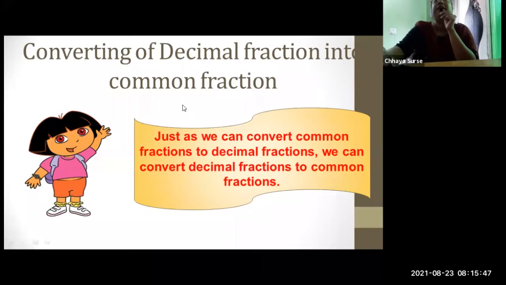Now converting decimal fraction into common fraction. Before that we learned about common fraction into decimal fraction. Now if they have given a decimal fraction, we are converting to common fraction.